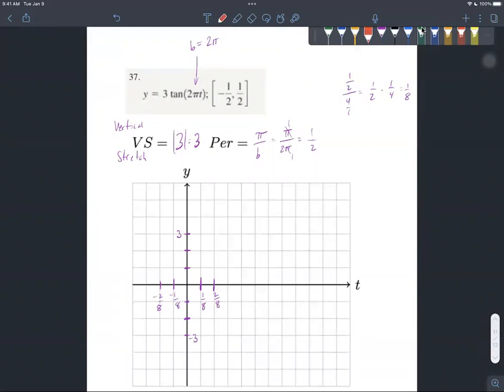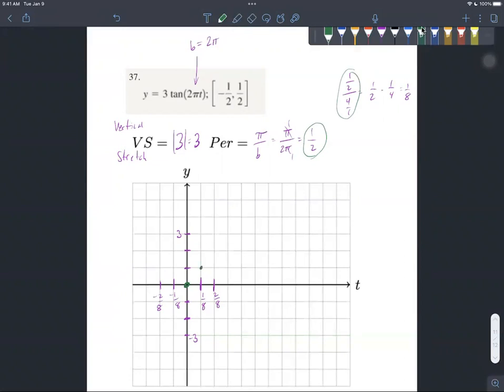Okay, and so what does the behavior of tangent look like? If you're using this rule of fourths, meaning finding the period and dividing it by 4, and then for tangent, knowing that at the center we have our 0. If we move to the right 1 increment of 1/8, then normally we'd go up 1 here.